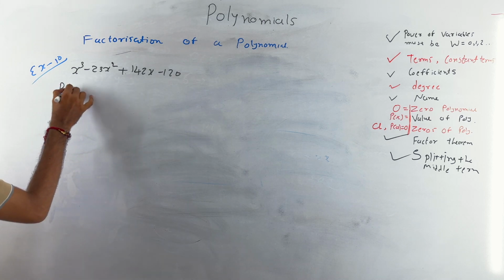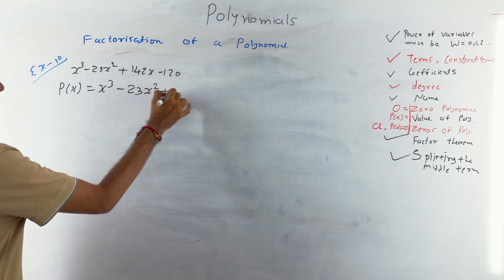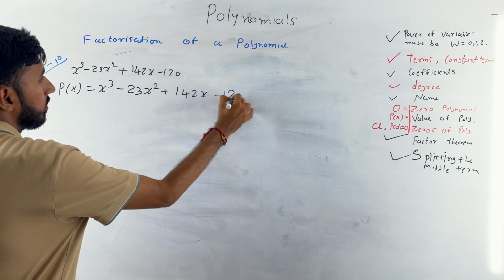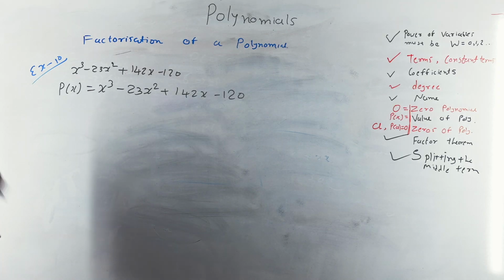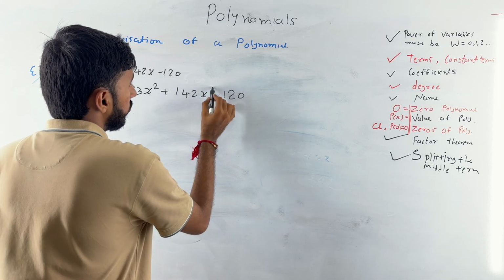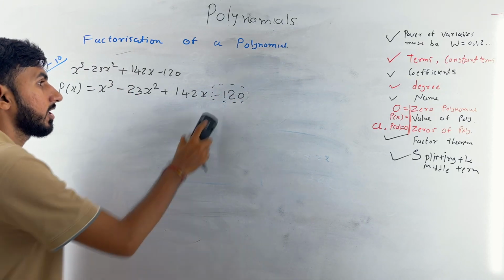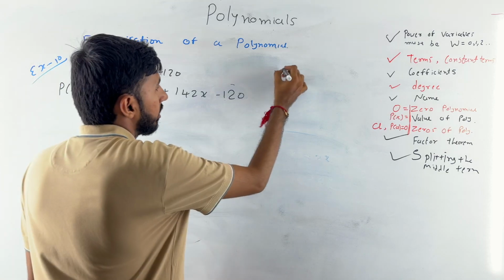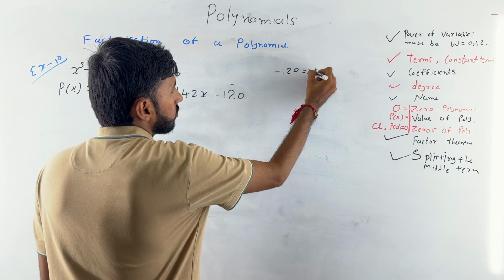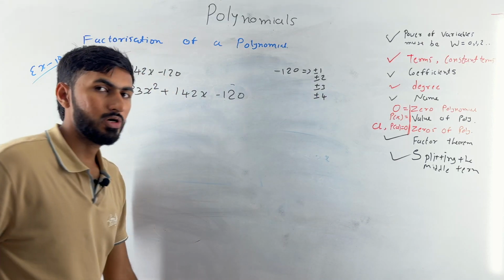Here I have p of x equal to x cube minus 23x square plus 142x minus 120. Right? First of all, you have to use trial and error method. So to use trial and error method, focus on constant term. My constant term is minus 120. So all factors of minus 120 are plus or minus 1, plus or minus 2, plus or minus 3, plus or minus 4, and so on.